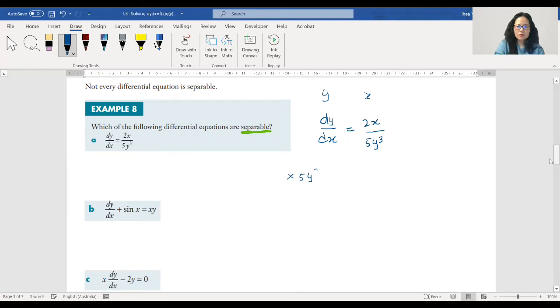So that will get rid of the y expression on the right hand side. So I'll have 5y cubed dy here, and I still have dx left here, and then I have 2x here. Okay, dx to the other side. So I'm going to do that.